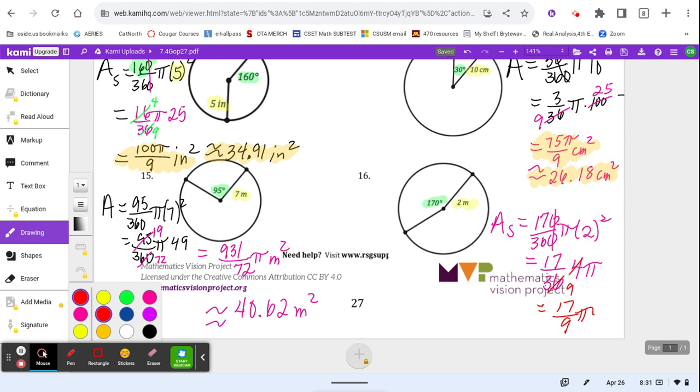And now let's put that into a calculator. 170 divided by 360. Pi button. 2 squared is 4. I'm getting approximately 5.93 meters squared. There's my exact and approximate answer. How'd you do on the area of the sector?